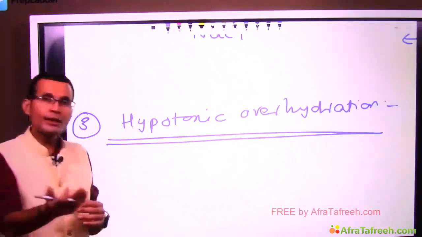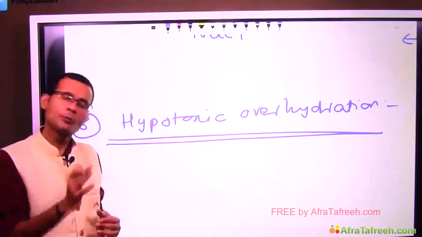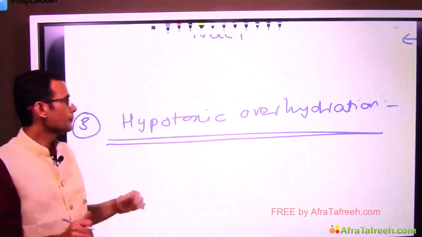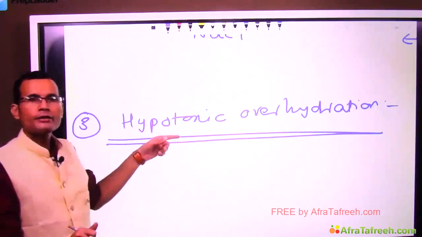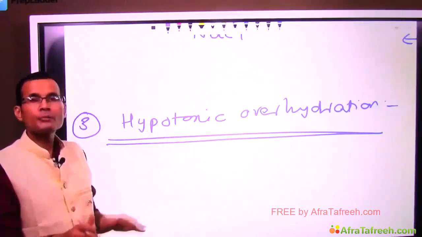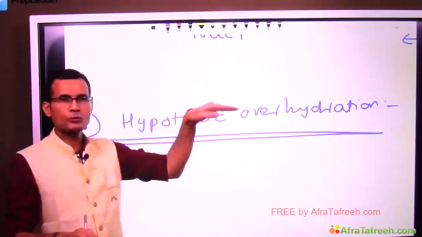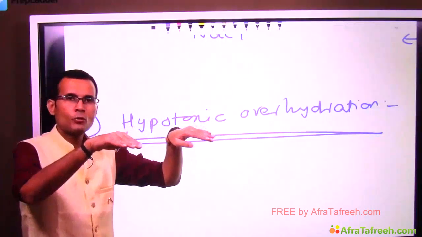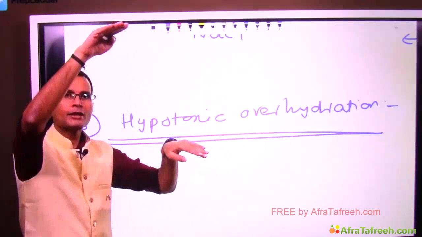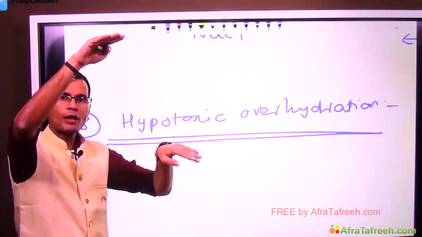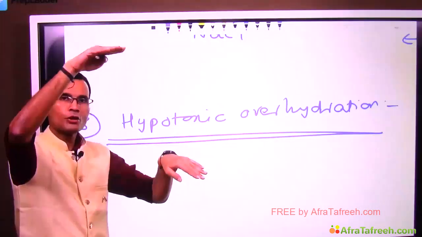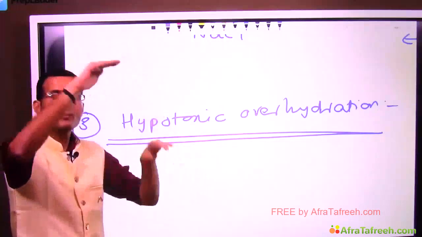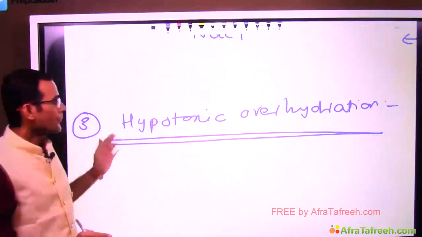And since only water has come, no sodium, ECF becomes hypotonic. This is sodium, this is water. Only water is being gained into the ECF, water is increasing. So what will happen? Less sodium, more water in the ECF. ECF becomes hypotonic and overhydrated.